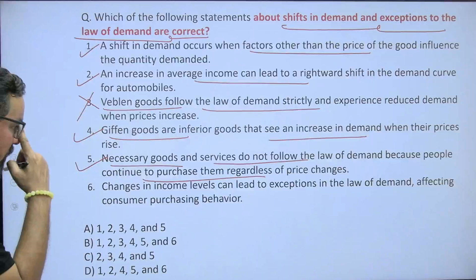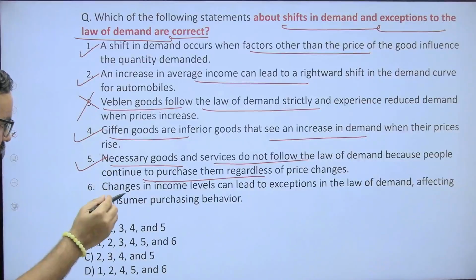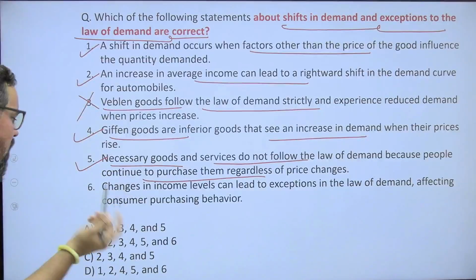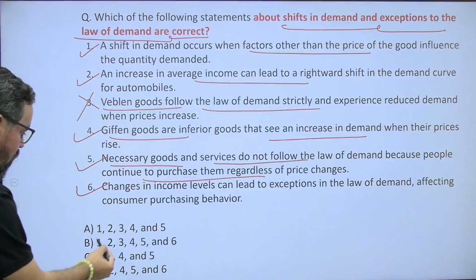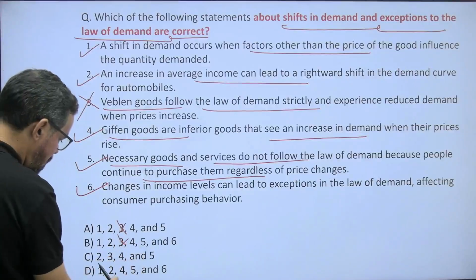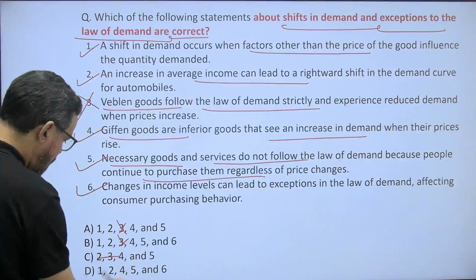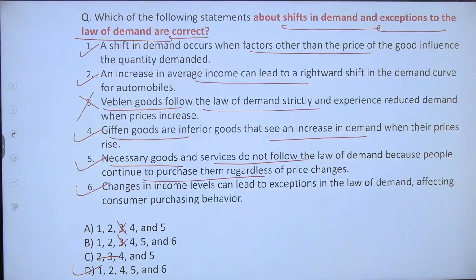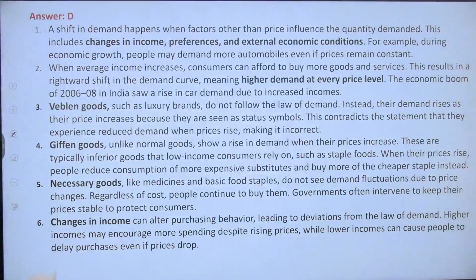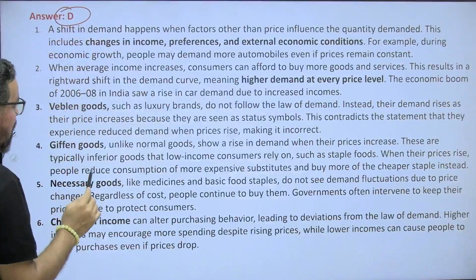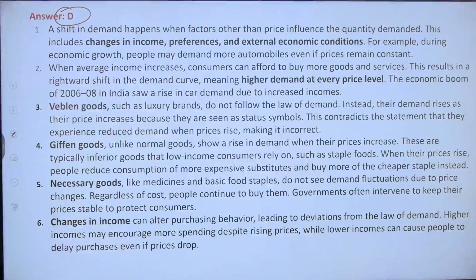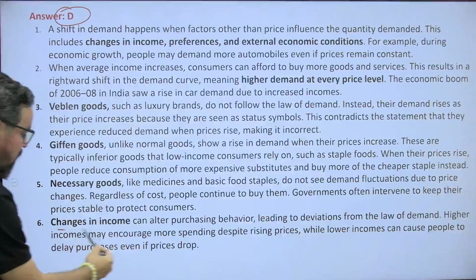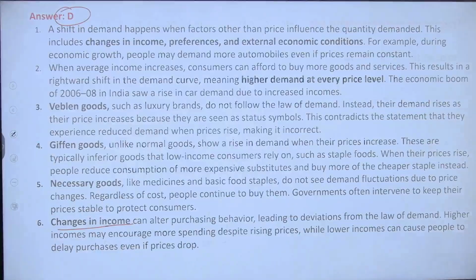It can be right. So it is 1, 2, 4, 5, 6 and not 3. D should be the right answer for this one, right? The wrong statement here was statement 3, and we have discussed this earlier also: change in income will make an impact on overall demand also.